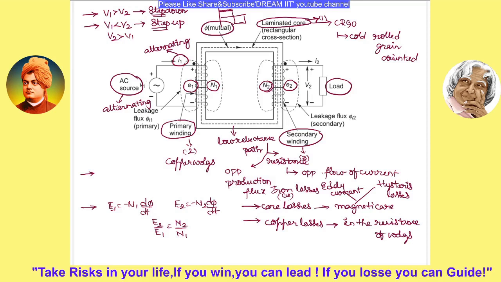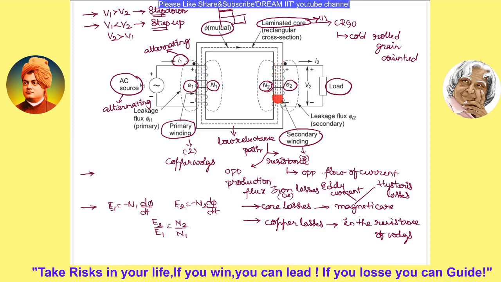Once again I will explain the working principle of the transformer. Whenever you connect an AC source to the primary winding, an alternating current starts flowing through the primary winding. Because of that, an EMF will be induced. So how will this EMF be induced? Because the flux is produced. The flux which is linking with the secondary winding is known as the main flux or mutual flux.